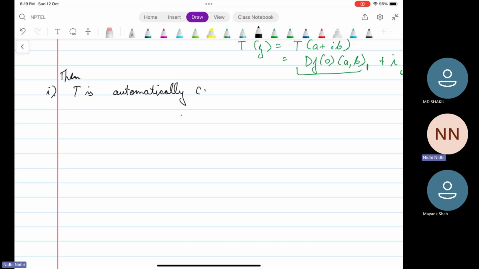By complex linear, we mean that our field is taken to be the set of complex numbers. T is never complex linear unless T is the zero map.